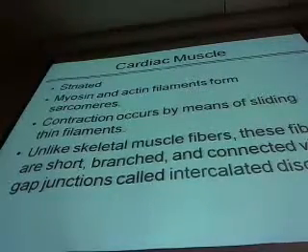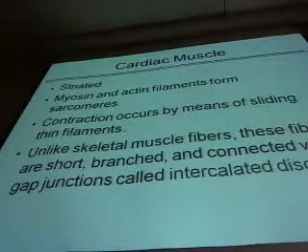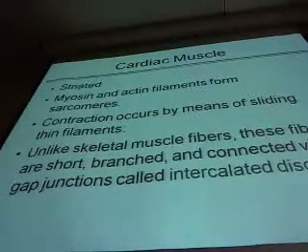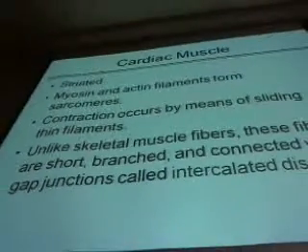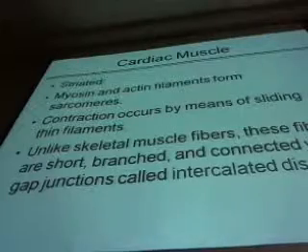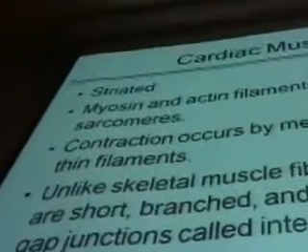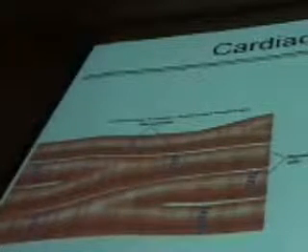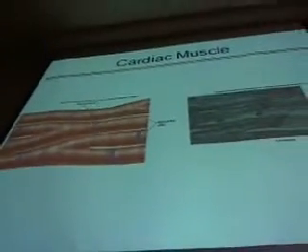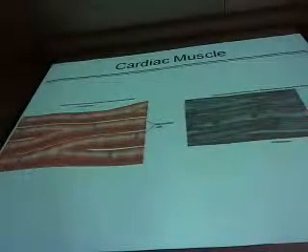The fibers are short and branched, connected via gap junctions, which are called intercalated discs because when you stain them, they look like a disc at the end of the muscle. What they are is an electrical gap junction, connecting the muscles electrically, and like I said, you fire one, they all fire. There are your gap junctions. And here they're calling it the intercalated disc, but they're the same thing.